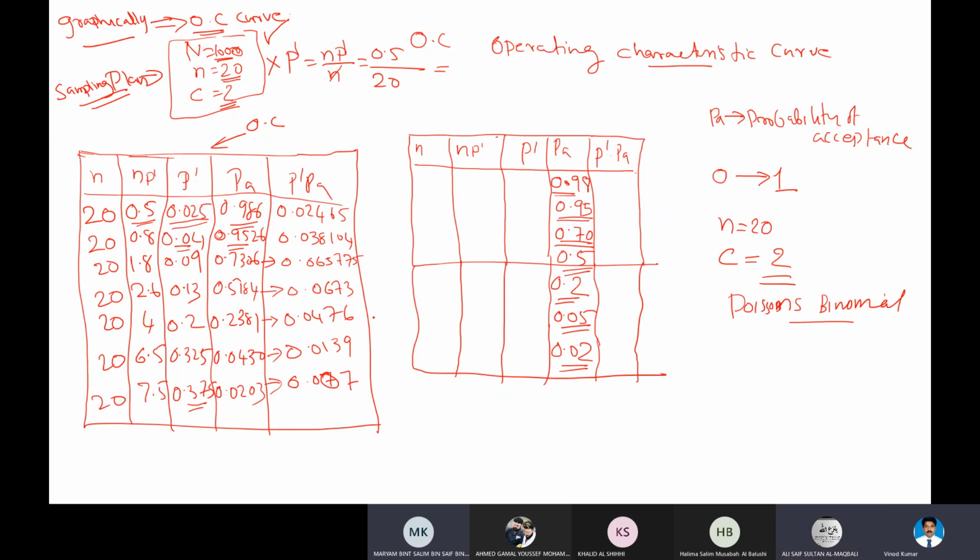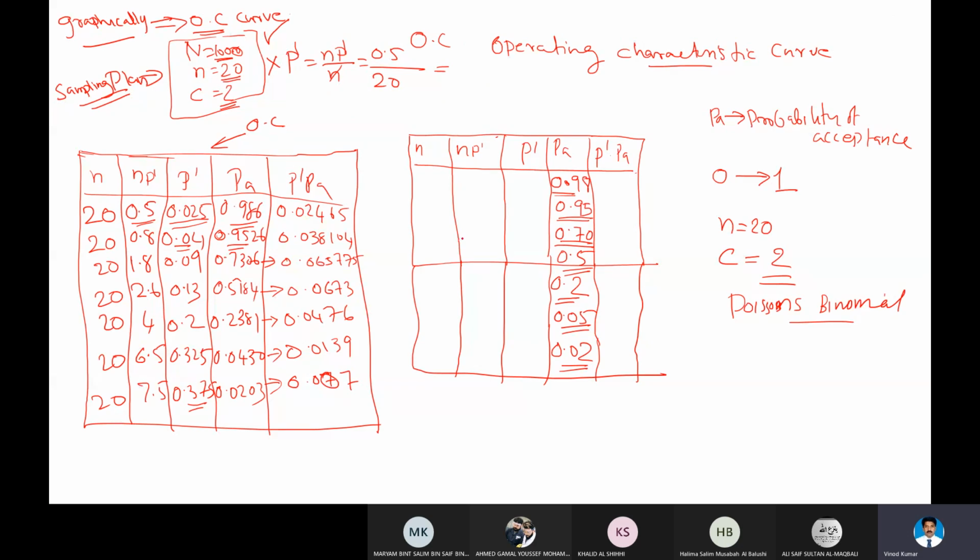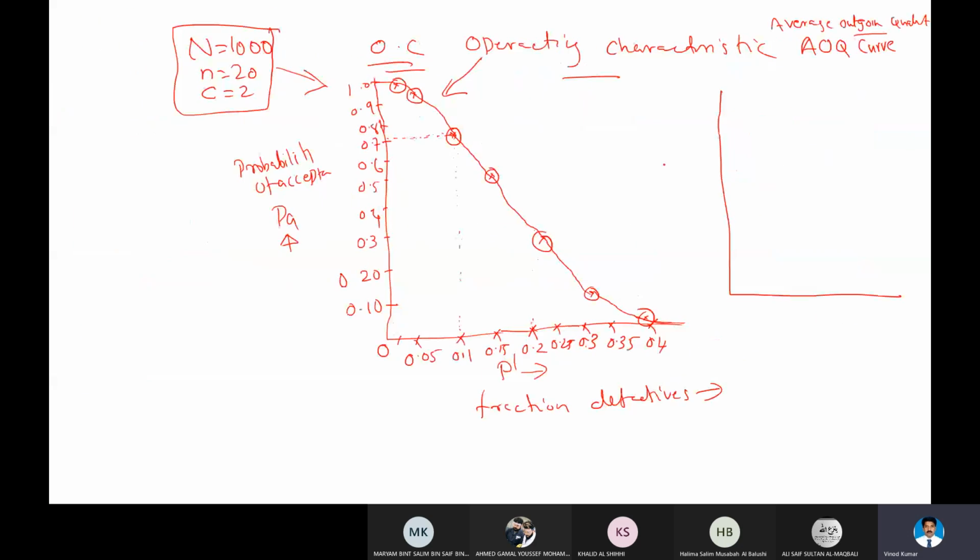Now we are going to draw another figure, which is not asked in the question. It is called the AOQ curve. AOQ means average outgoing quality. The average outgoing quality curve indicates P dash times PA, the one you calculated now, on the y-axis, and P dash on the x-axis.